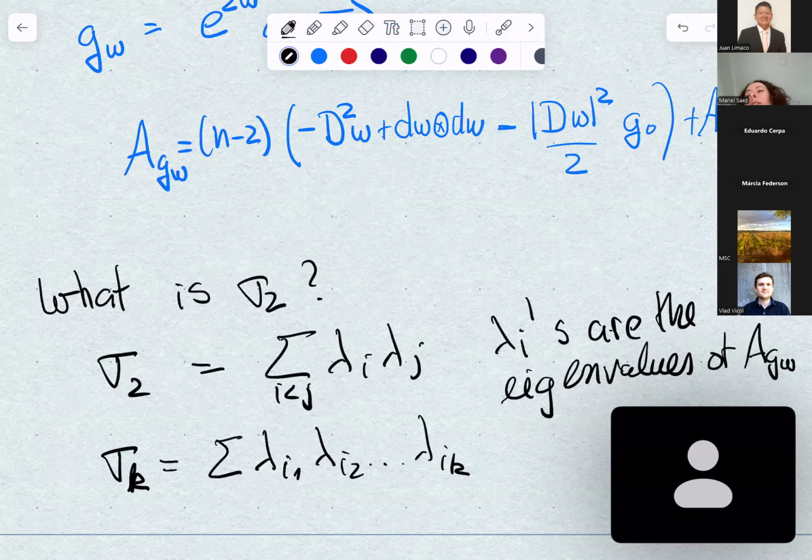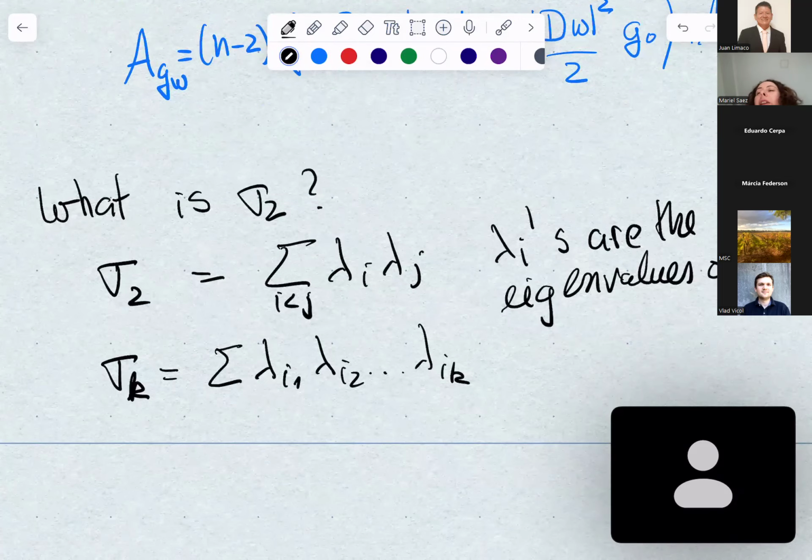Depending on the literature that you look at, this could have some constant of normalization, because these are very natural quantities in terms of matrices. You don't really need to know exactly what the eigenvalues are to compute these quantities.